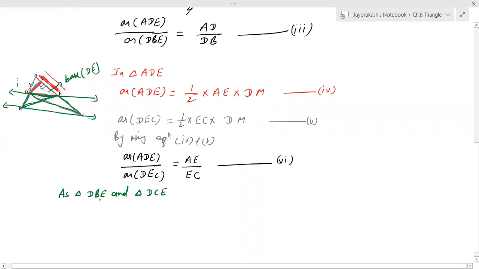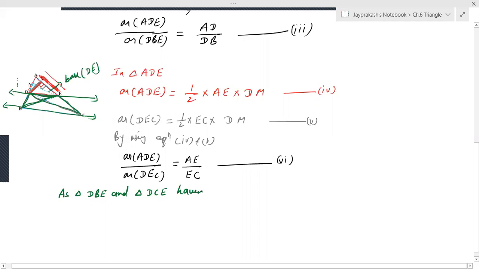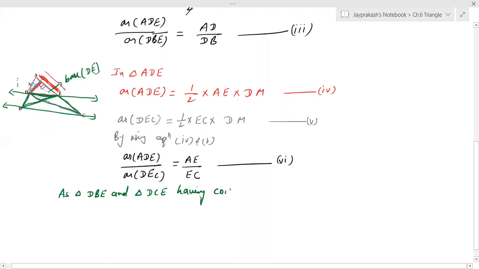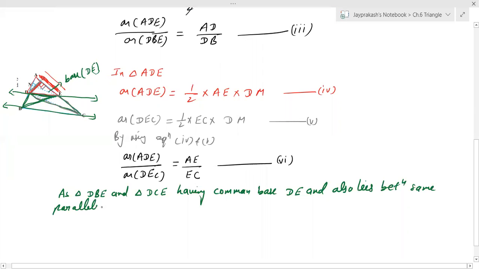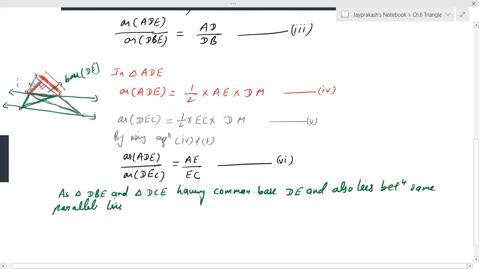So we will write here: triangle DBE and triangle DCE have the common base DE and also lie between the same parallel lines.